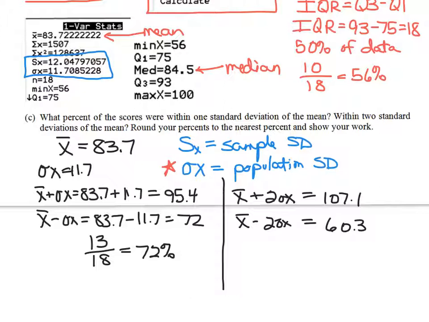Now if I look at all of my numbers, there's only one number that doesn't fit in that range, and that number is the score 56. So 17 out of 18 of the scores fell within those 2 numbers, and that happens to be 94% of the data. We're going to be talking about percentages of data quite a bit more in the next 2 lessons.